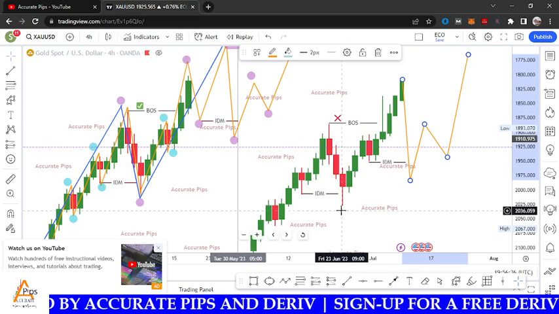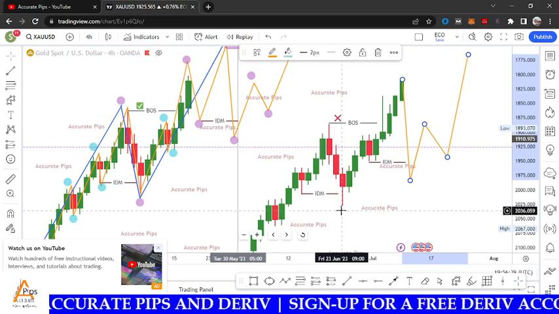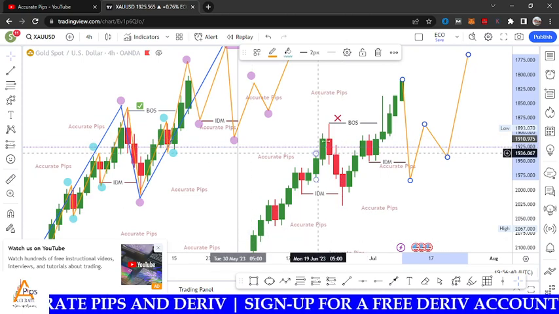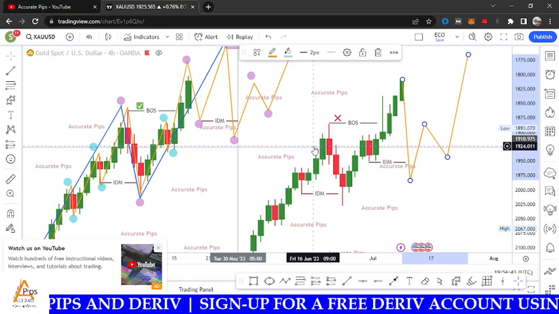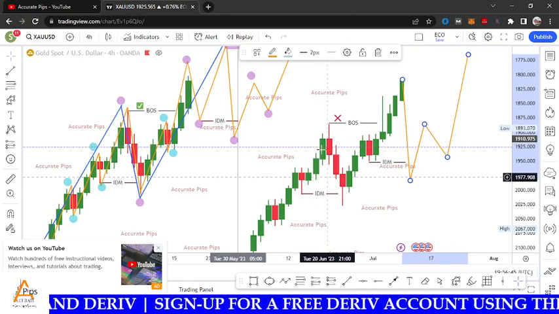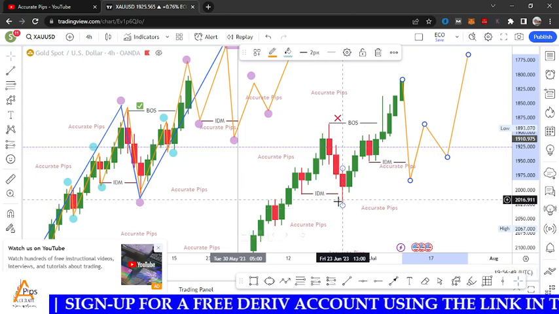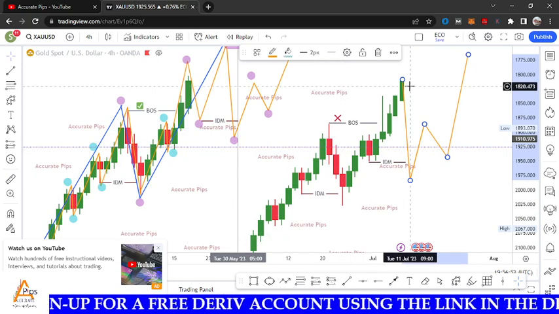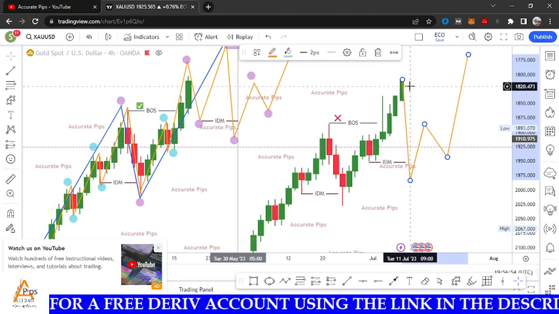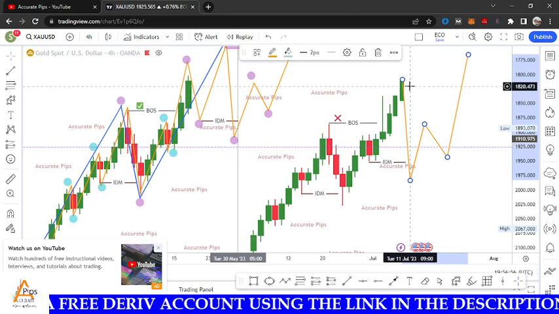That is the corrective phase. That's why I said this is the main impulsive move in terms of structure, and this is the main corrective move in terms of structure. Then the next main impulsive move in terms of structure. All right.